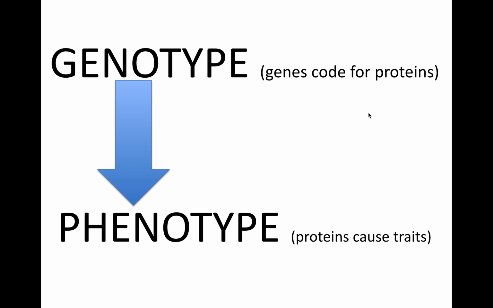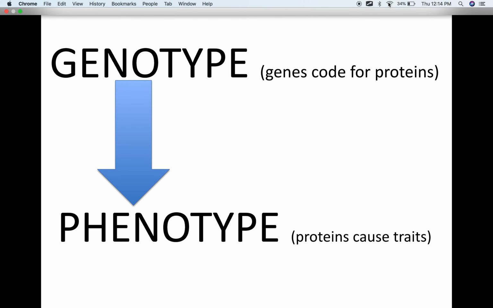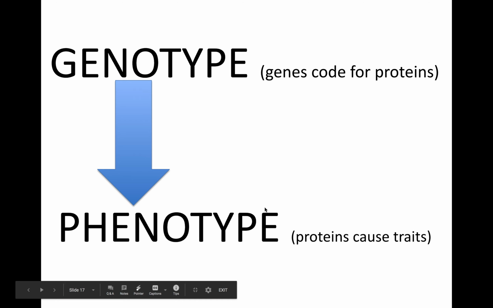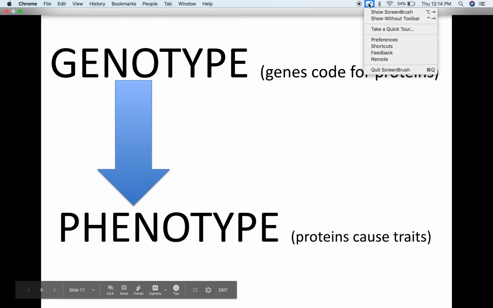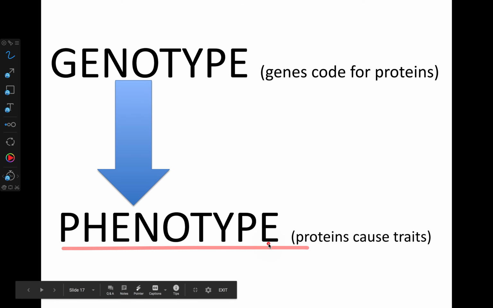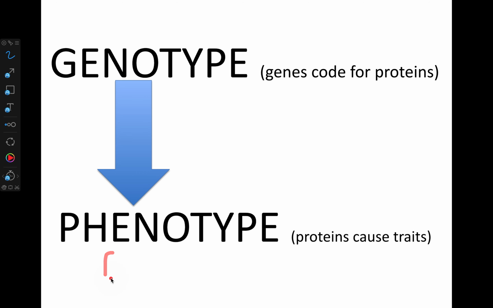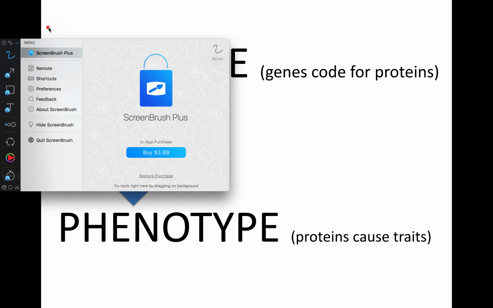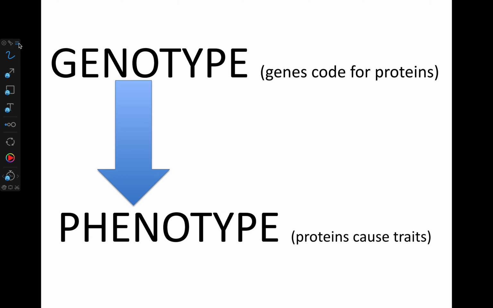Eventually, these different genotypes that you inherit from your parents will get turned into phenotypes. This is a new vocabulary word as well, and it means the actual trait. It means the actual trait, the protein that leads to that trait.